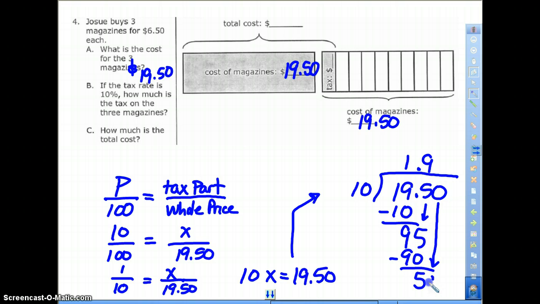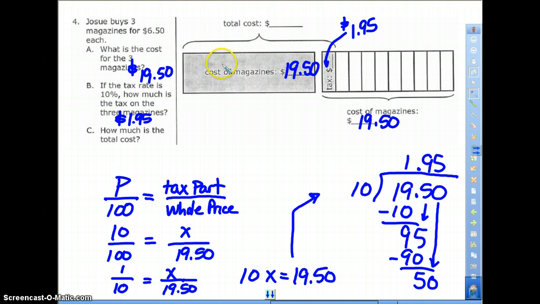Bring down the 0. 10 goes into 50 5 times. So our tax amount is what? Yeah, right here, $1.95. $1.95.